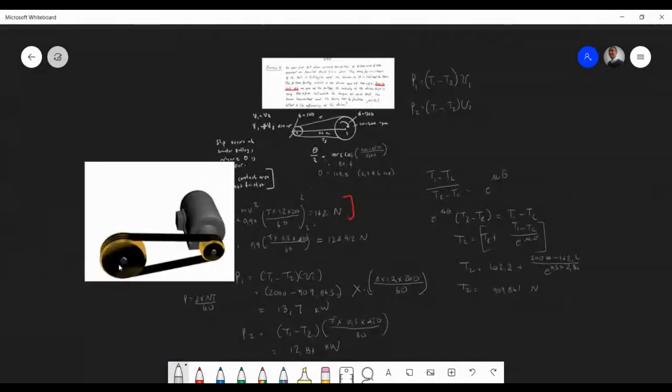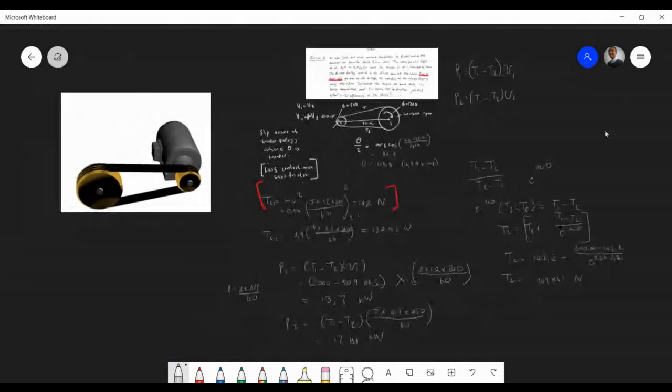Looking at this, ours is a converse, so forgive me on the dimensions here. Because we want to transmit this to another shaft, this is 13.7 kilowatts. But due to the slippage on one side, we're only getting 12.84 kilowatts.